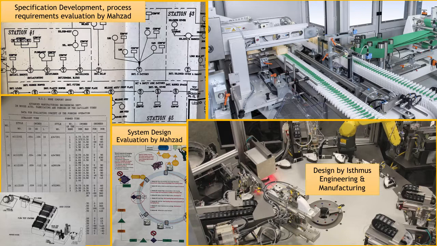These are examples of, on the top left, a specification development, process requirement evaluation by me. This is a process flow chart that has the process in sequence and also identifies all the inputs into the process, plus identifies the characteristics of each input for the process.